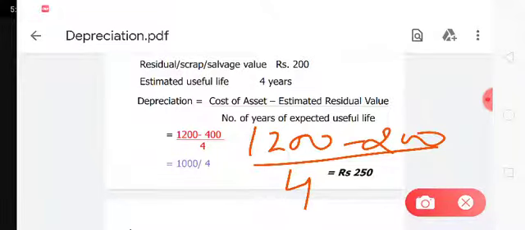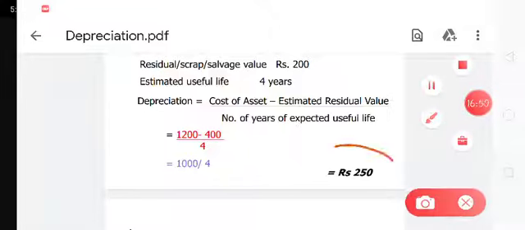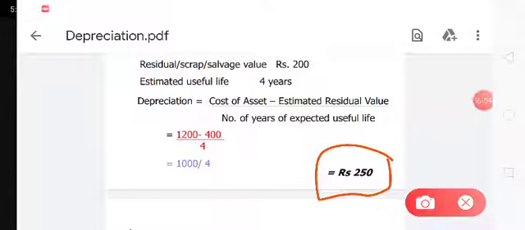So 400 is not there, the number is 200. So 1200 minus 200 is 1000, divided by 4, the number of years. So the depreciation we have to charge on that asset each year is 250 rupees. Clear? Okay, thank you class.